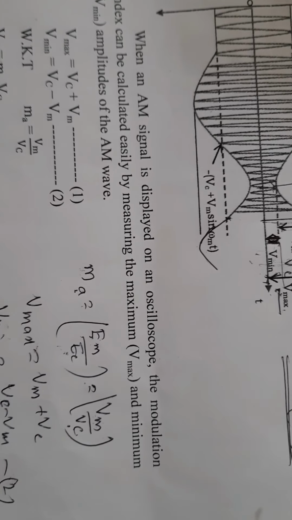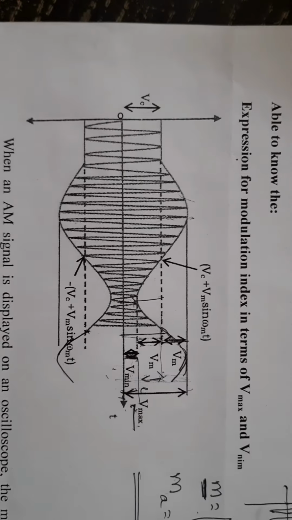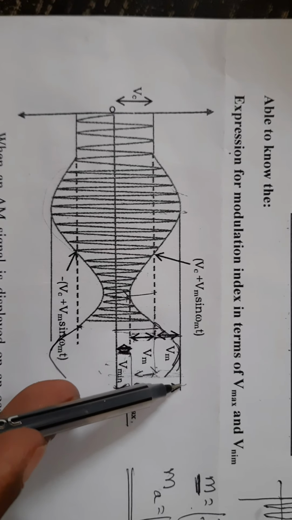Now, see this figure. From this figure, there is a continuous variation in the amplitude of the modulated signal. Here, from here to here, it is the maximum voltage. I will call it V maximum, the maximum voltage of the amplitude modulated wave.